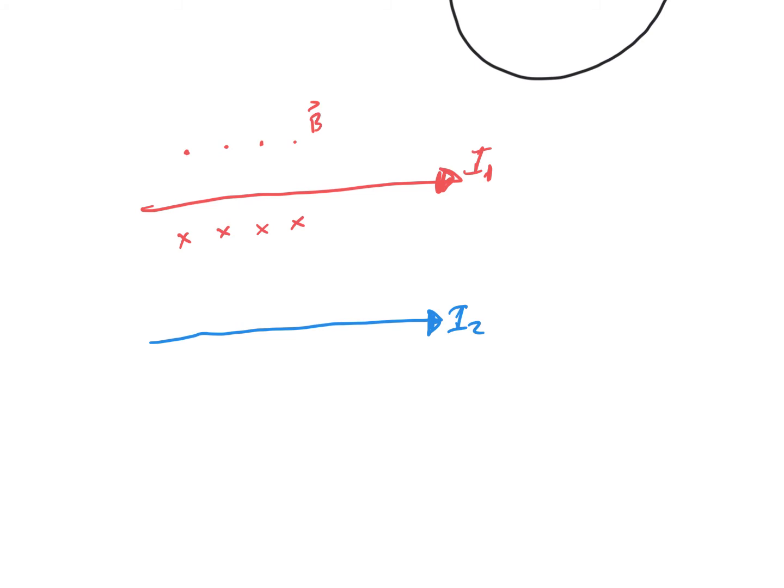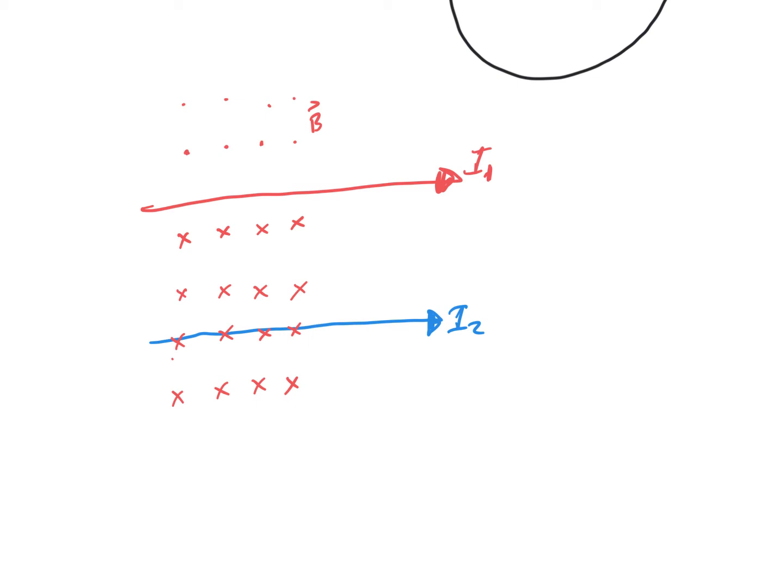And that'll be true for this entire side below our red current 1. Next, the blue. The blue is also creating magnetic field.